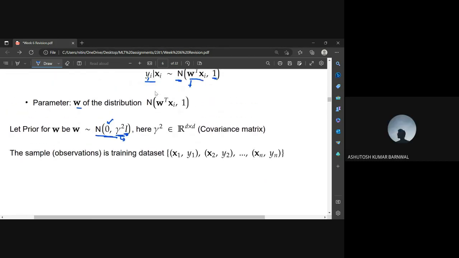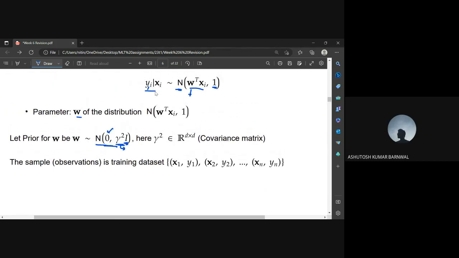Think of the covariance matrix as a square matrix with entries only at the diagonal, and all other entries zero. This is how you define it, right? You assume that your weight vectors, the features, are not related to each other. That's why we assume the rest to be zero and only take the entries at the diagonals.